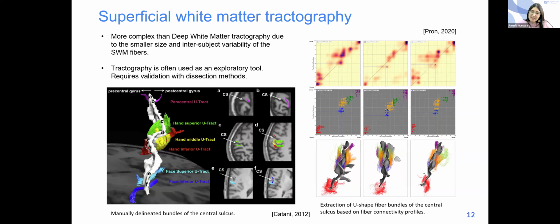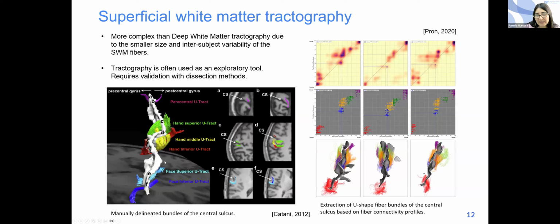So I would say that some seminal works were performed by Catani and other researchers, that tried to segment these bundles using manual or semi-automatic placement of ROIs in the cortex.